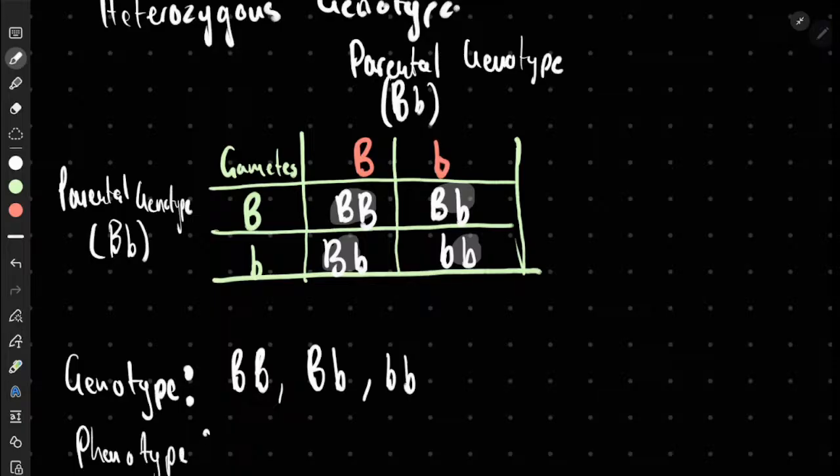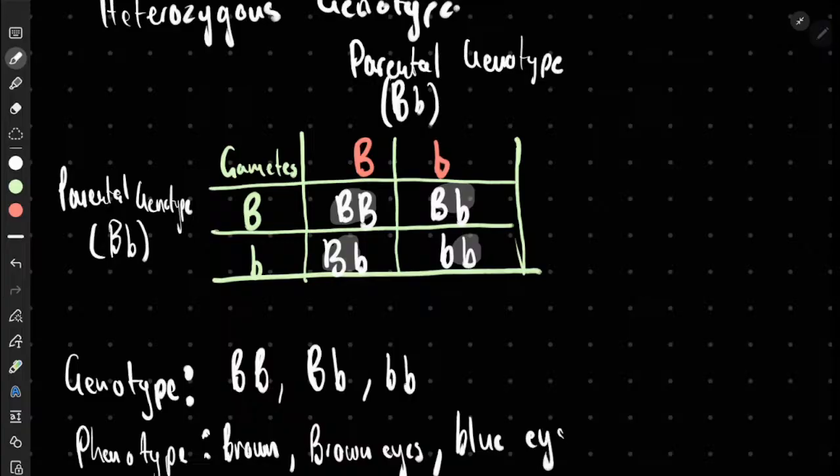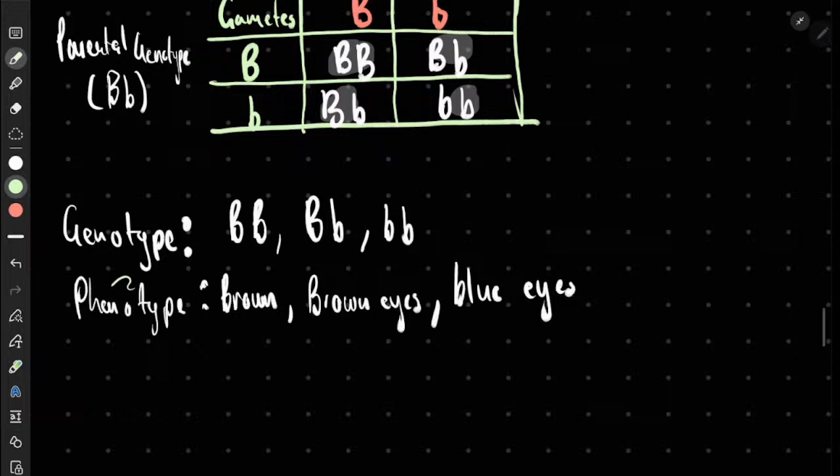What is the phenotype that we got? Here, big B is brown eyes. Big B, small b again is brown eyes. Why? Because the dominant one is there. Then small b, small b is blue eyes. All right, so now what do you do here? Can you all see?